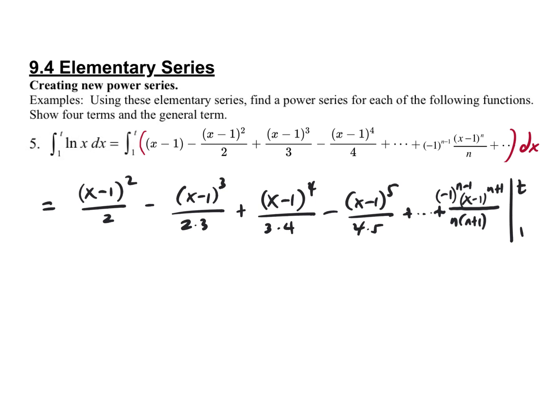Questions about where that came from? So I didn't simplify. Here's the thing. If you notice here, I didn't simplify these denominators, right? So this, obviously, we increase it and then divide it by 2, increase it, divide it by 3, increase it, divide it by 4. And that helps us start to see the pattern. Now, at the same time, when you go to integrate this, I still have my negative 1 to the n minus 1. Okay, this goes to x minus 1 to the n plus 1, and then I have my n plus 1 on the bottom.